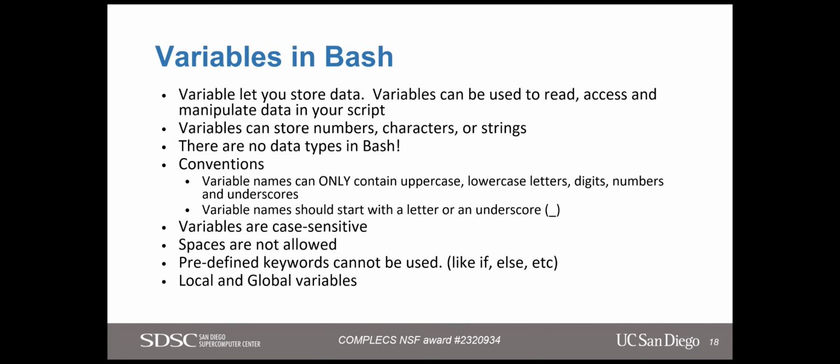There are some predefined keywords in scripts that we'll use for flow control, like if, else, etc., and those cannot be used as a variable name. And in shell scripts, there is the concept of global and local variables.